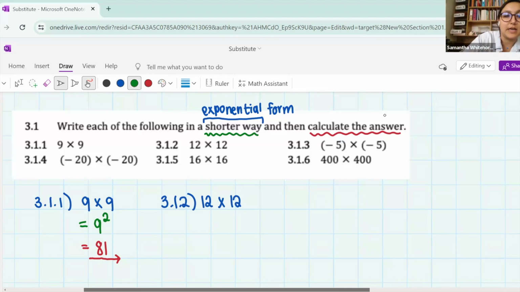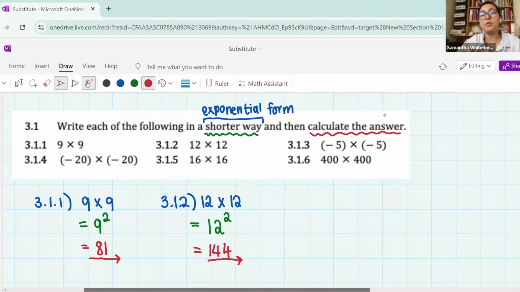And so I can write this in an exponential form of 12 to the power of 2. Calculate what our answer is. 12 squared, or 12 times 12, is 144. So if we want to write something in a simpler manner, we can write it with an exponent. Nicely, Sandile, I see your answer there.